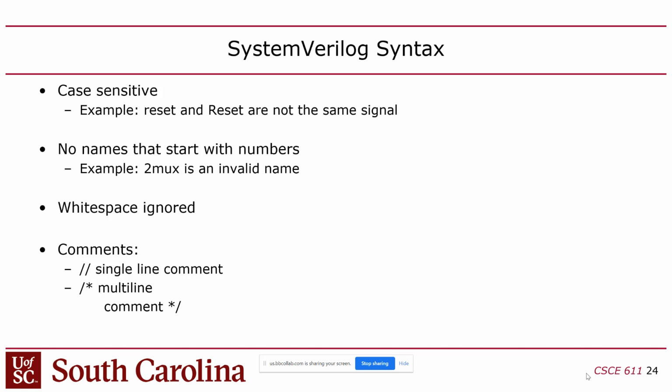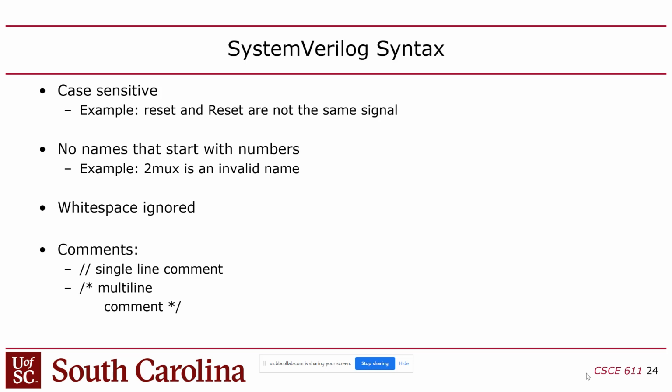It's not instant. Okay, so now let me switch gears again a little bit and talk about SystemVerilog syntax. I'm going to try to get through as much of this as I can so you guys can start using this in the lab on Wednesday and Thursday. So it's case sensitive. You might say every language is case sensitive.